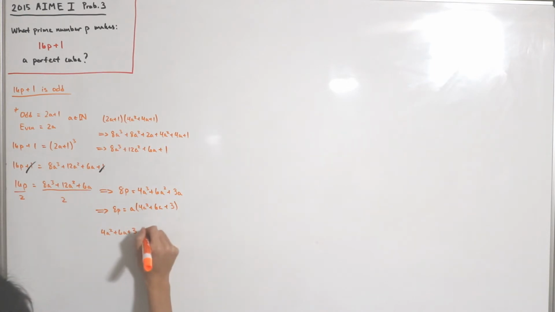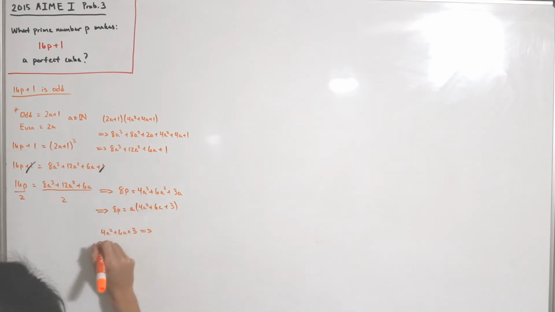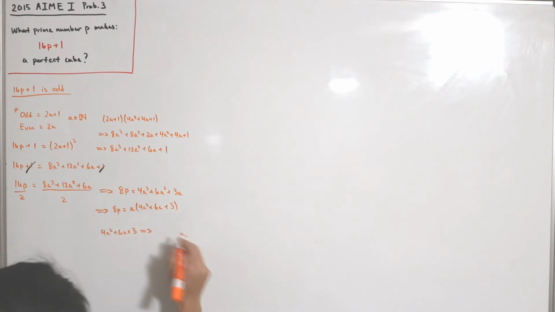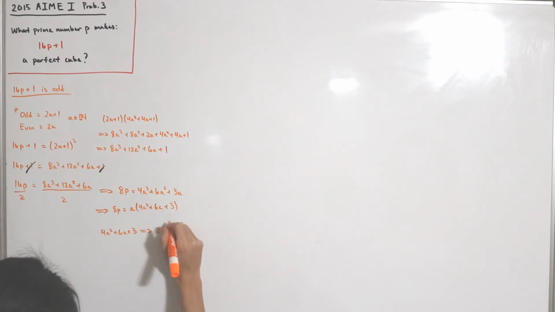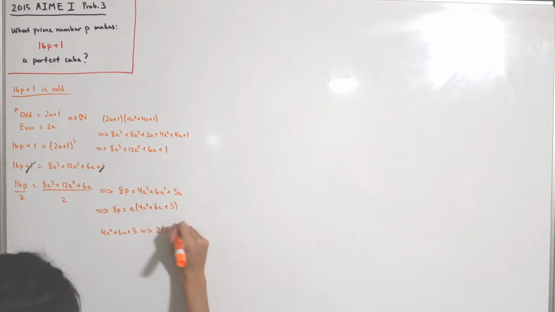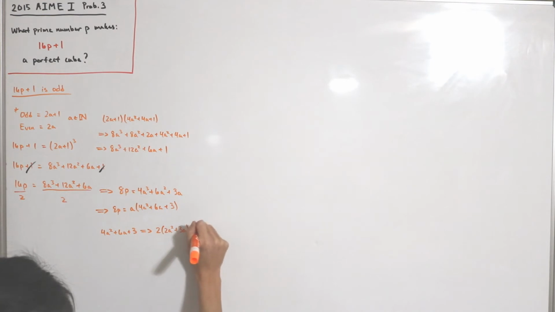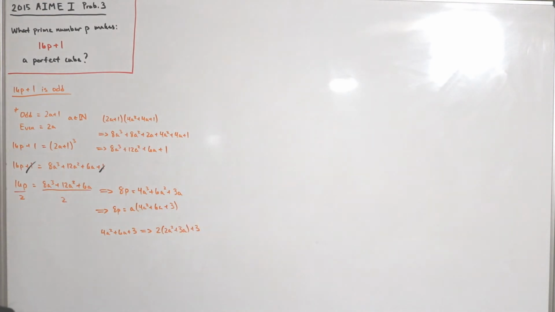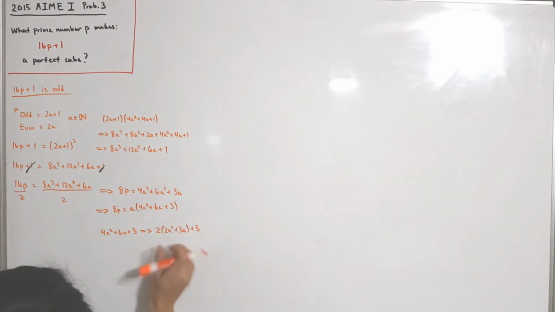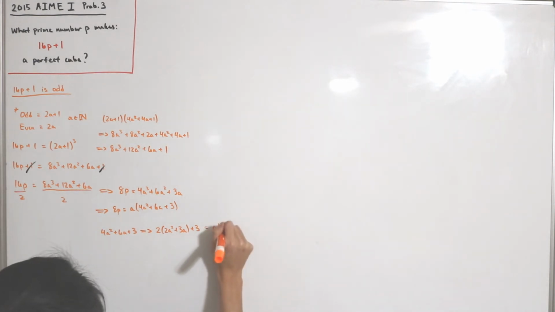Now I can factor a 2 out of the 4a squared plus 6a, so it's 2 times 2a squared plus 3a, and then plus 3. Note that this is actually an odd number, so I'll label that as odd.